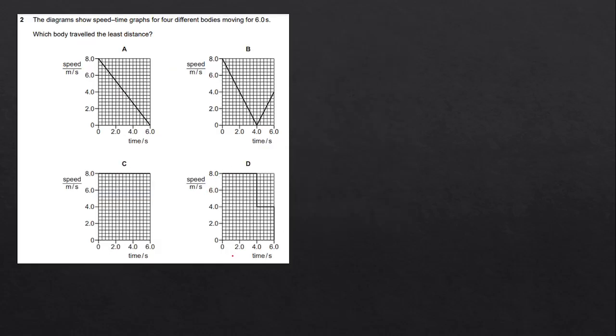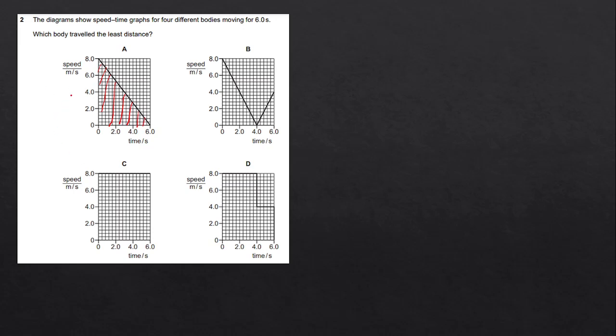Question 2. The diagram shows speed time graph for 4 different bodies moving for 6 seconds. Which body traveled the least distance? In a speed time graph, the distance traveled by the body is given by the area under the curve. Now we have to determine what's the area under the curve for each of these graphs.